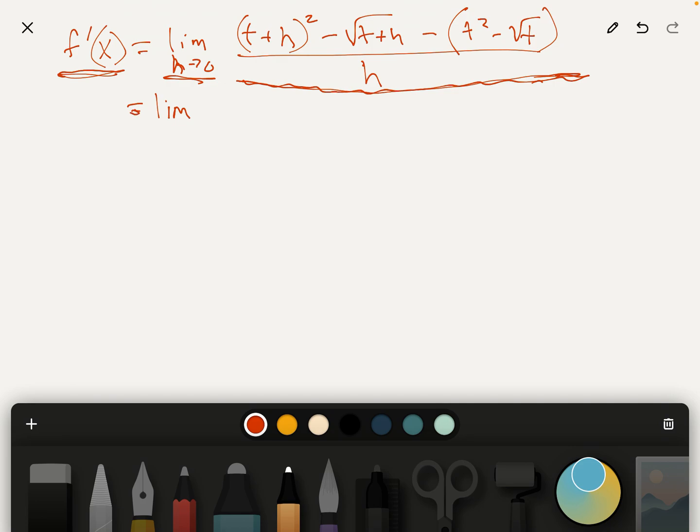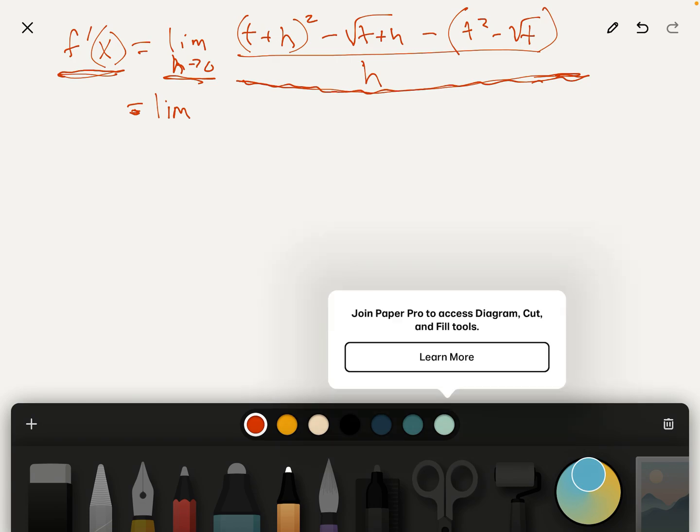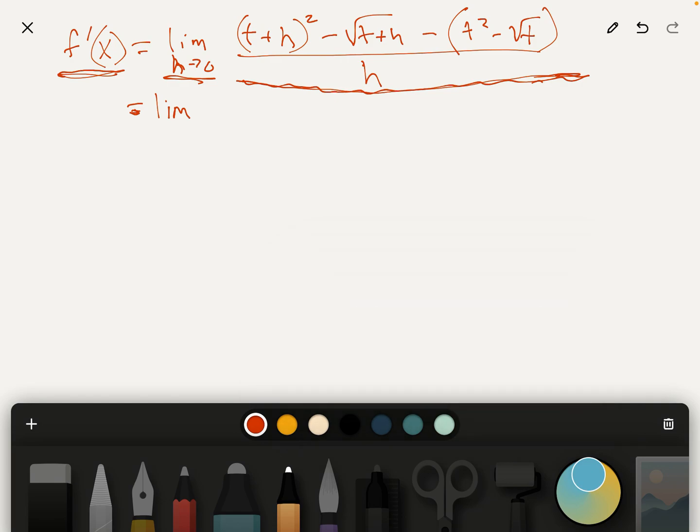And okay, so the next line is going to be the limit as h goes to 0. I'm not going to keep writing as h goes to 0 just to save me some time. So the limit, the numerator, we can start to expand that. So it's t squared plus 2ht plus h squared minus square root of t plus h minus, and I'm going to get rid of these parentheses.